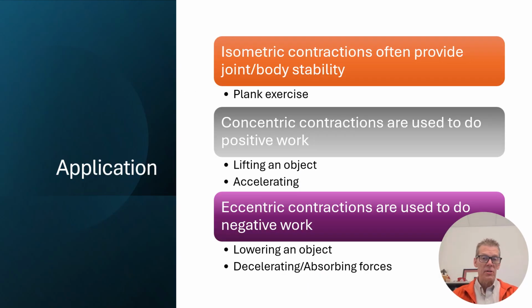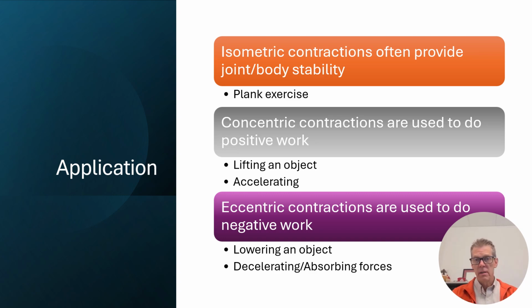And what's the application here? There's a lot of application in PT with these different types of contractions, from the type of exercises we choose to understanding how forces are impacting the person during motions. When we get into gait and gait analysis, there's a lot of eccentric, concentric interactions as we walk, and we deal with both gravity and ground reaction forces.